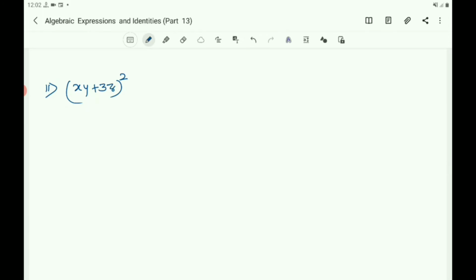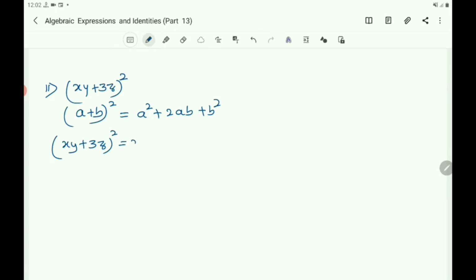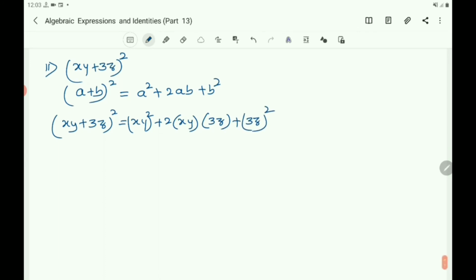You can use the identity a plus b whole square equals a square plus 2ab plus b square. And you write xy plus 3z whole square equals a square is xy whole square, plus 2 into a is xy, b is 3z, plus b square, that is 3z whole square.